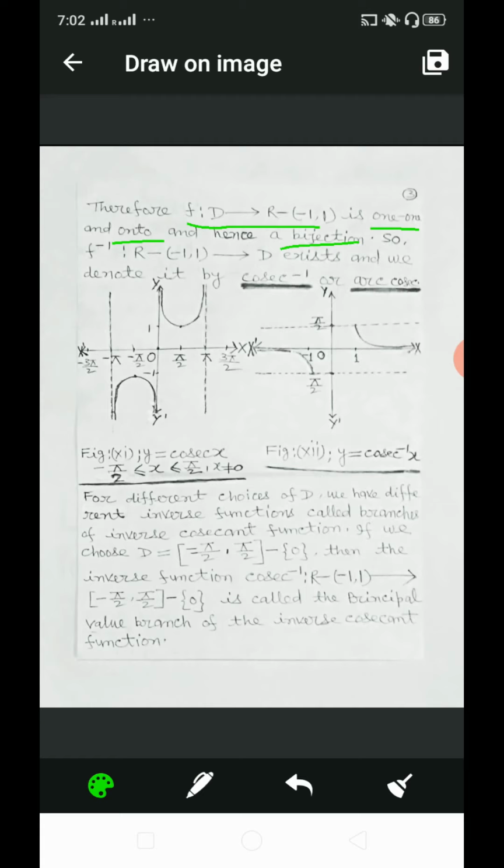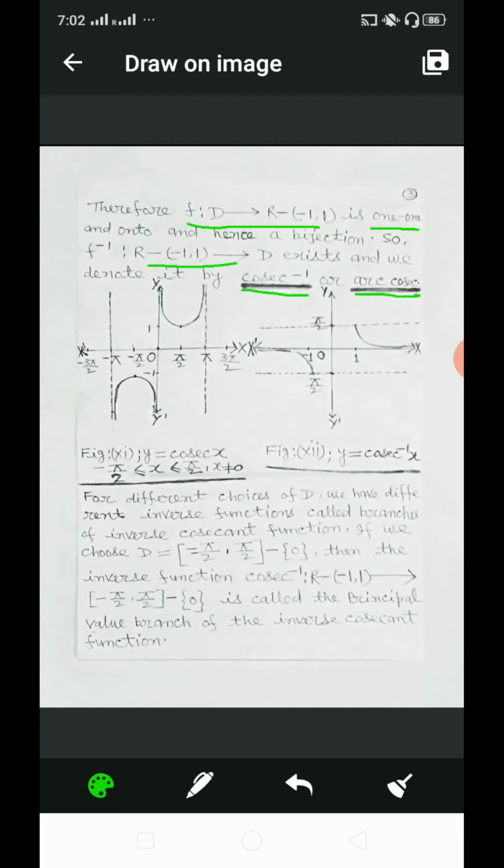So we can find the inverse of the cosecant function, that is f inverse from R minus the open interval (-1, 1) to D, which exists, and we denote it by cosec inverse or arc cosec.